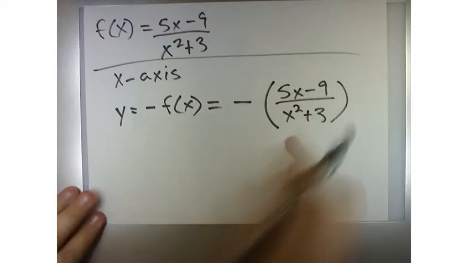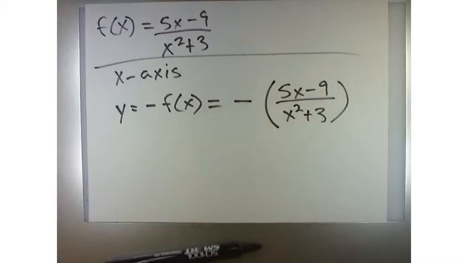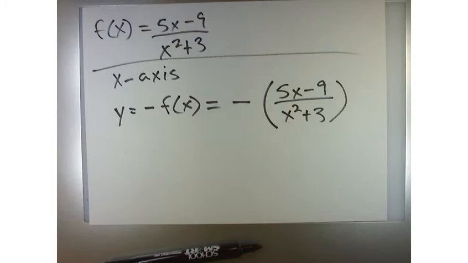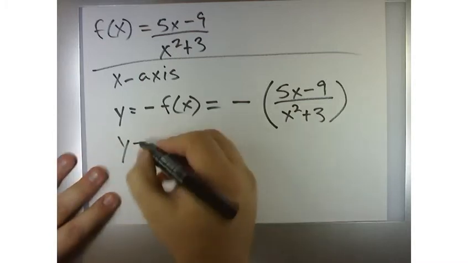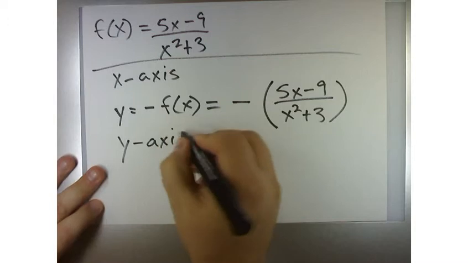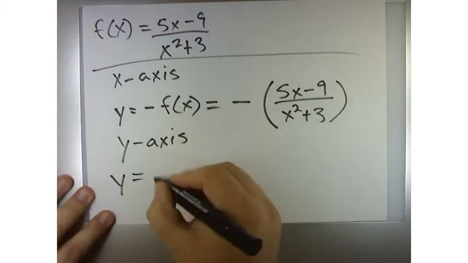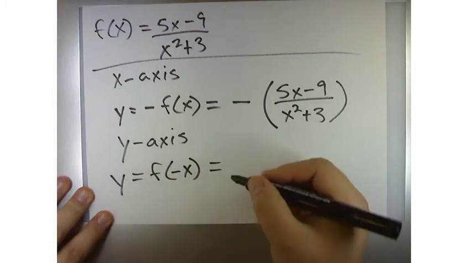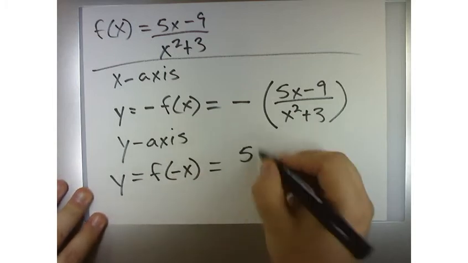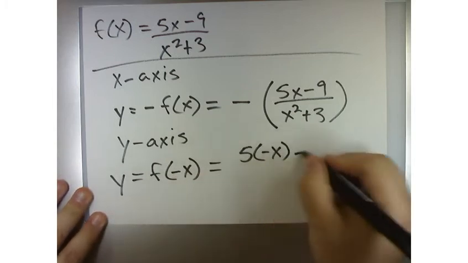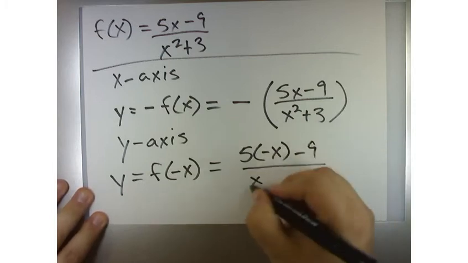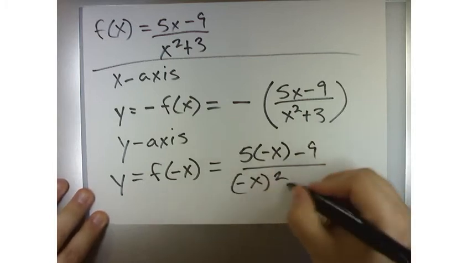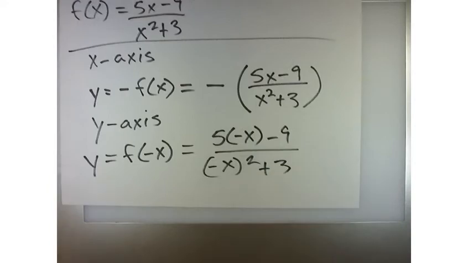So if I plug that in the calculator, that would reflect over the x-axis. Now to reflect over the y-axis, I said that it would have to be f of negative x. So what I would do there is wherever there is an x in the equation, I would put negative x. Okay?